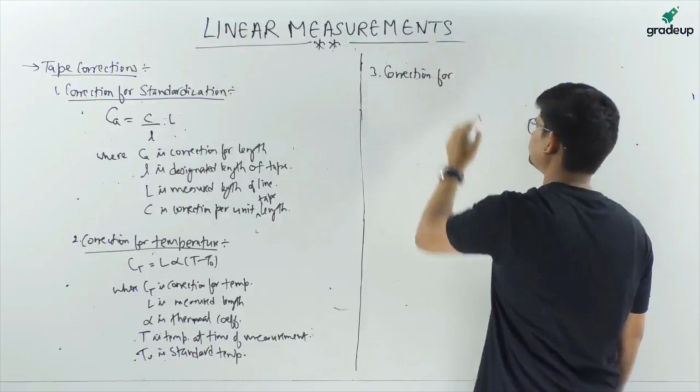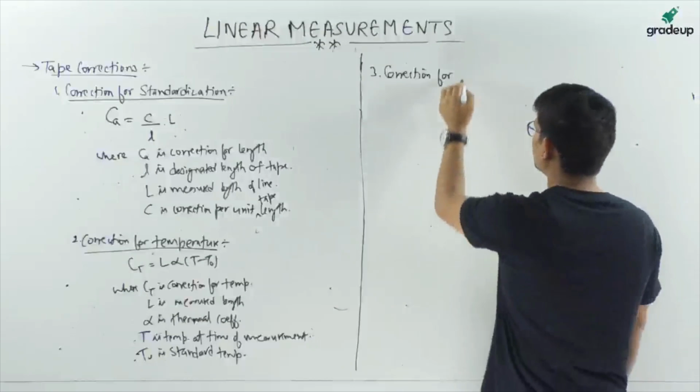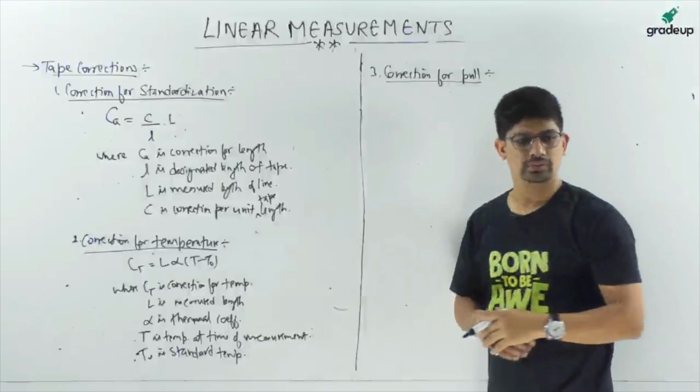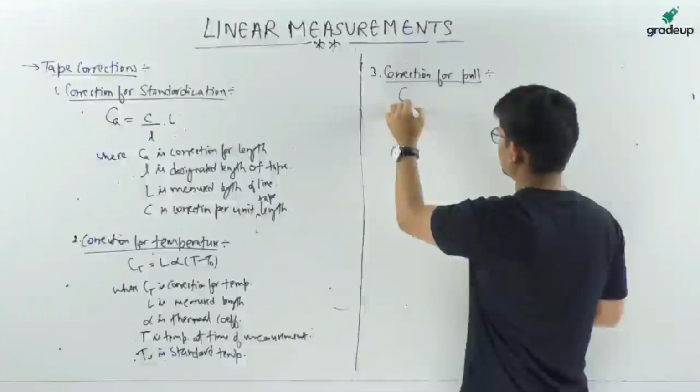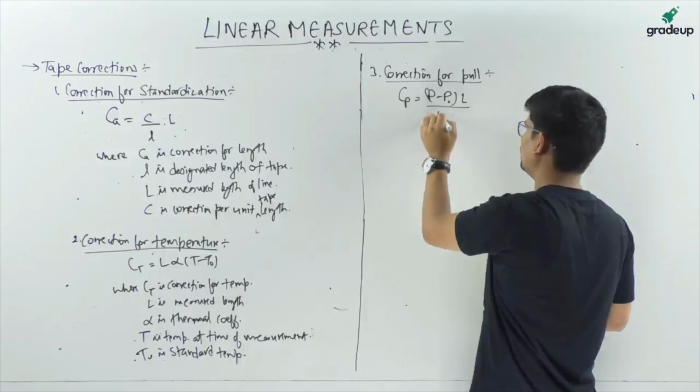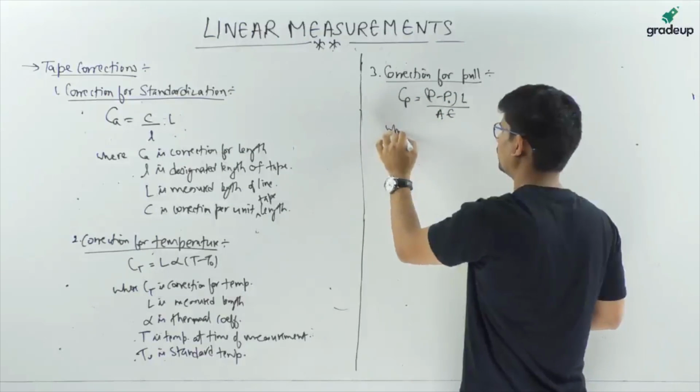correction for pull. Correction for pull Cp is (P minus P naught) into L upon AE. Okay.